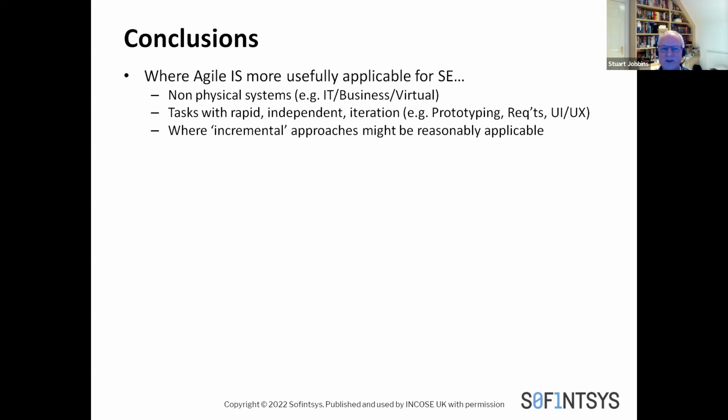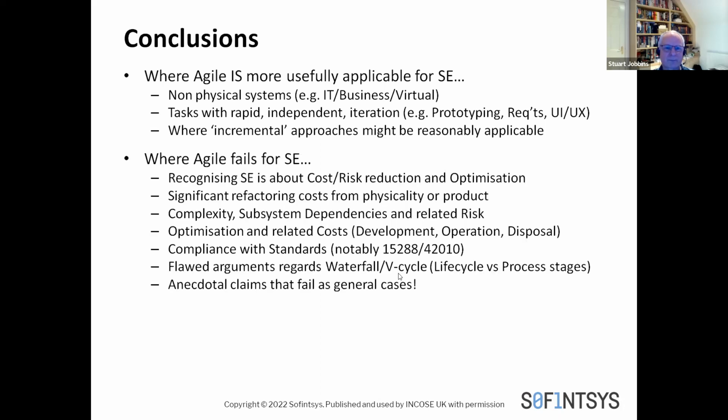All of those things have little commitment to future investment, and they also have high bandwidth communication with the individual stakeholders. So they're exactly where Agile is useful, and they're always in our systems engineering at some part.